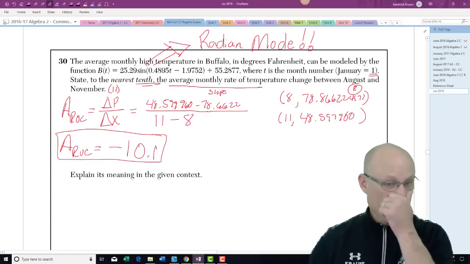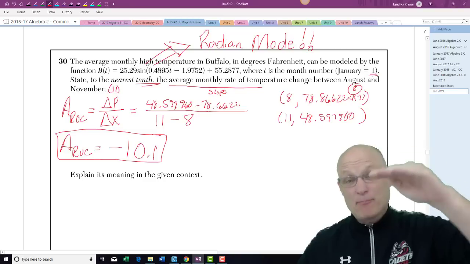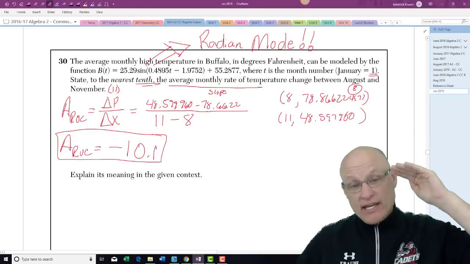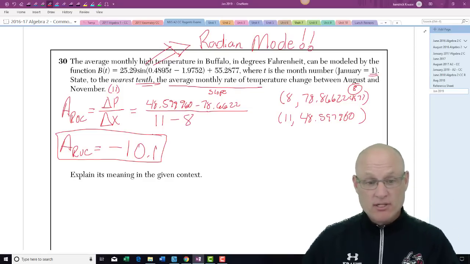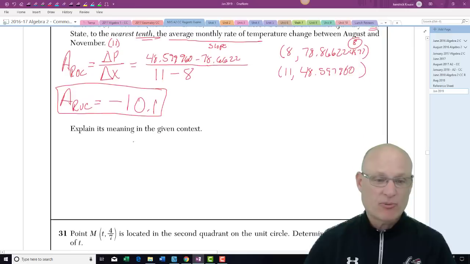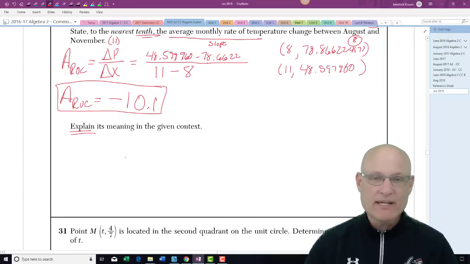Now, let's see what this is. This is the average high temperature in Buffalo from August to November. So the question says explain. Now, explain means words. What does it mean?